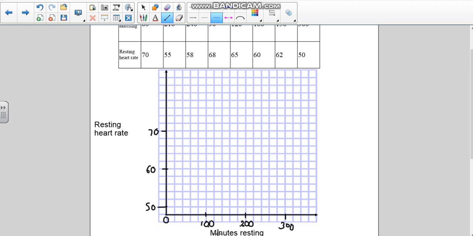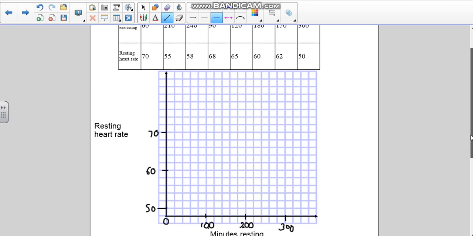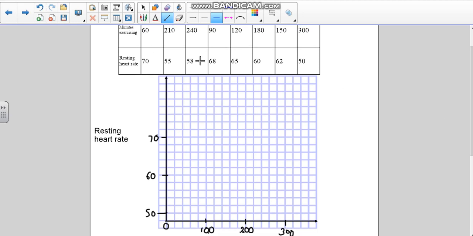I've gone up in 20s, 20, 40, 60, 80, 100, and I needed to go up to 300. And for resting heart rate, I've gone up in 2s, so I've got 52, 54, 56, 58, 60, and I've gone up to 70.